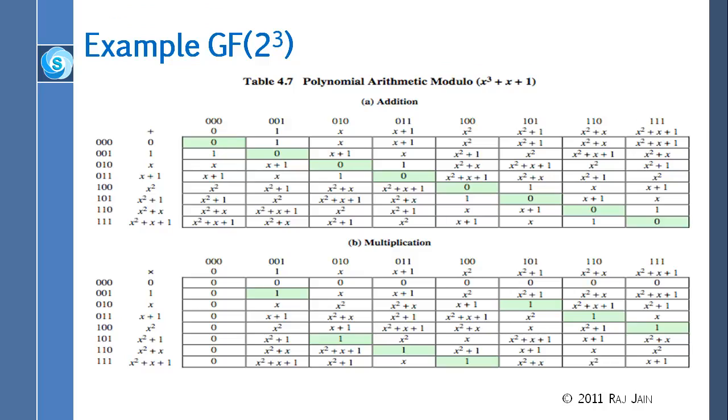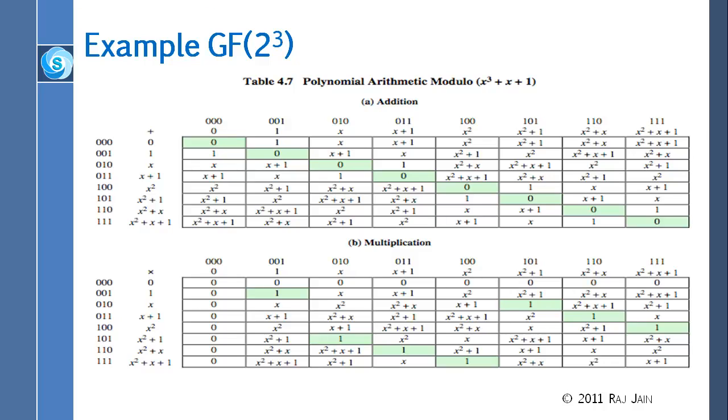You get x raised to 4 plus x squared. But x raised to 4 is more than our modulus. Our modulus is x raised to 3 plus x plus 1, so we have to reduce it to below that. We just subtract x raised to 3 plus x plus 1 times x.